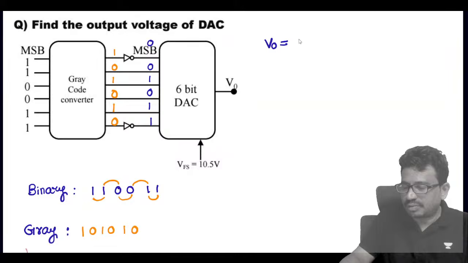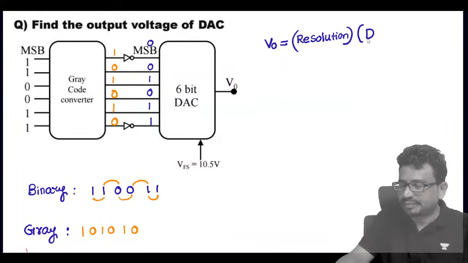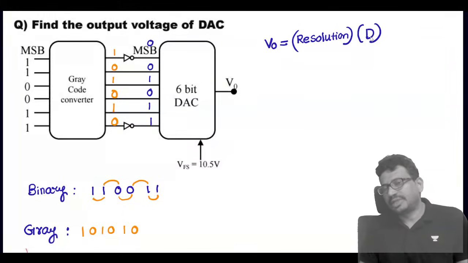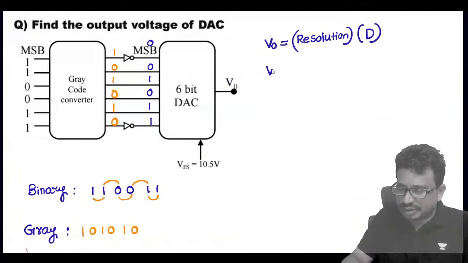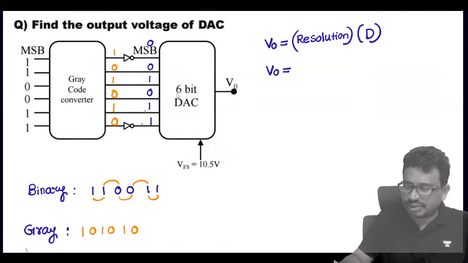The output voltage is given as resolution into the decimal equivalent. I am calling the decimal equivalent D. So what is this V0? The resolution: how many bits do you see? 6 bits. The V reference is given as 10.5, so that is 10.5 by 2 power n minus 1, into the decimal equivalent.